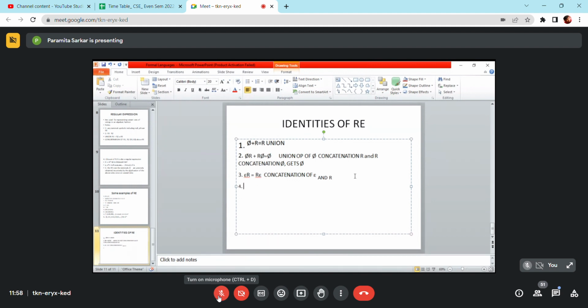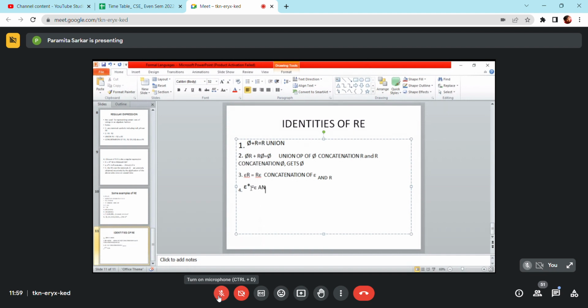Next identity is the closure of epsilon. What happens if we take closure of epsilon? Our identity says that closure of epsilon is also epsilon.